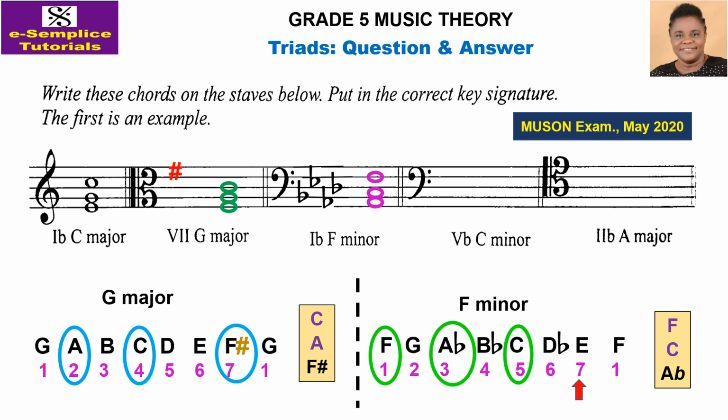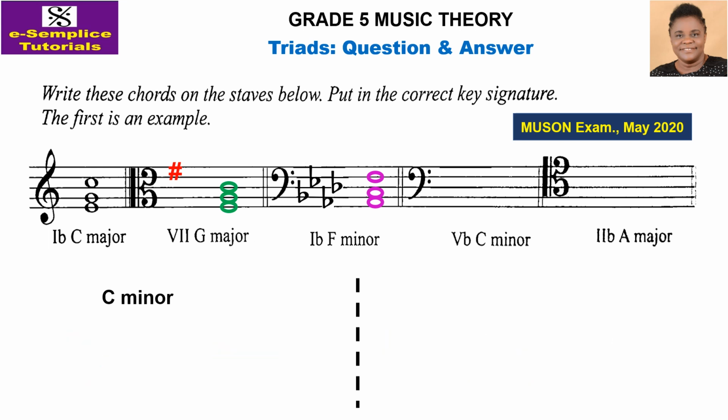Let's move to the next question. That's chord 5B, C minor. That means the dominant chord in C minor, but first inversion. As usual, these are the notes in C minor.